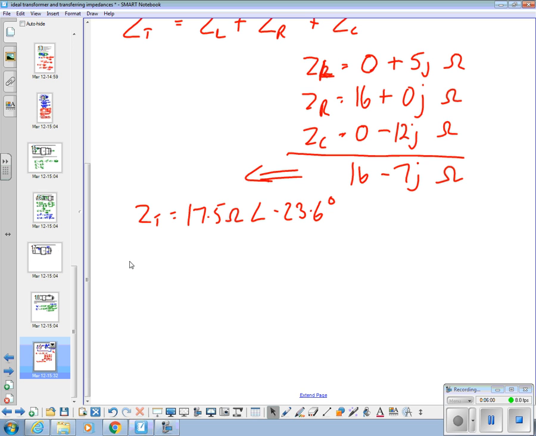Yep, we can find I1, which is equal to, say it now, I2 over A, because that's what we're really interested in, what the secondary current is. Probably neater to write it as I2 dash at this stage. That's equal to EG over ZT.